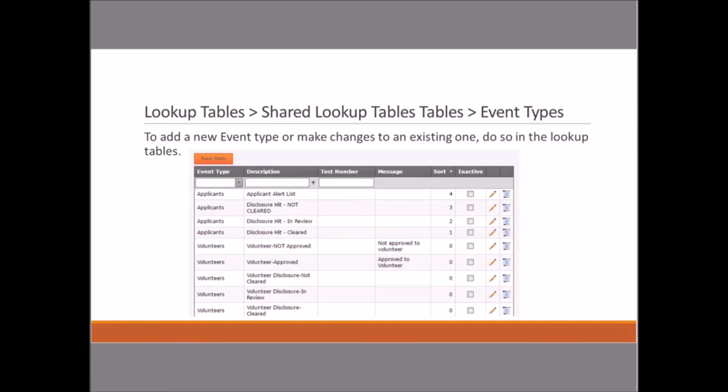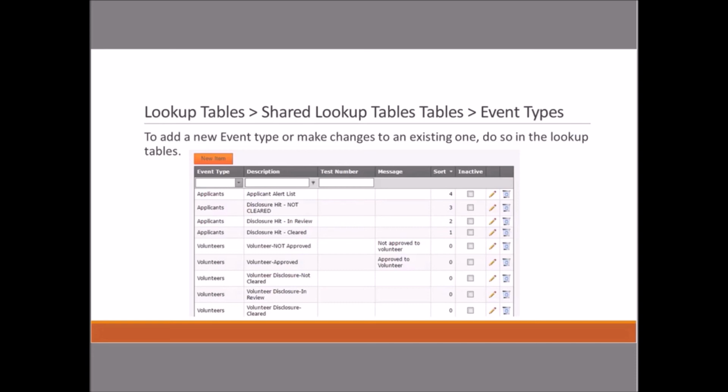And if you want to learn more about different ideas or what other people are doing, contact the support team and we can have a conversation with you individually on data and ways of tracking it and just things that might be helpful to you. But if you're one of those people who just wants to go and set things up or edit what's already there, of course you're going to go to the lookup tables. Lookup tables are, in essence, your setup tables.